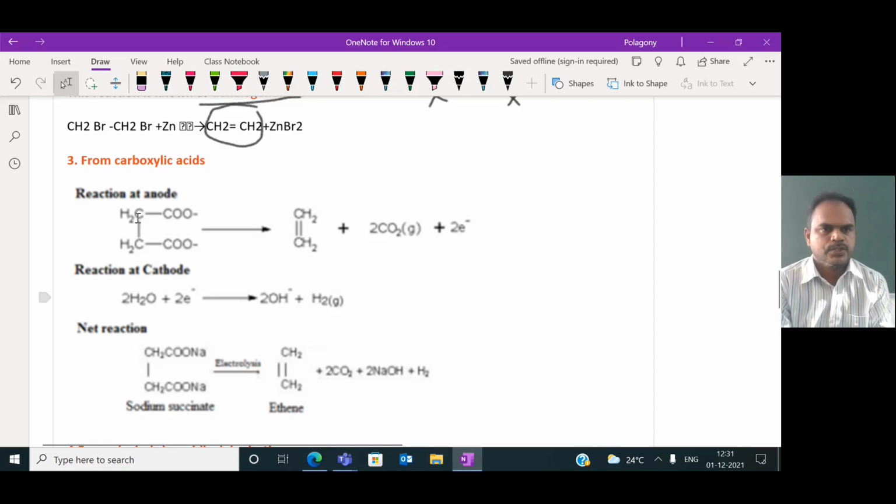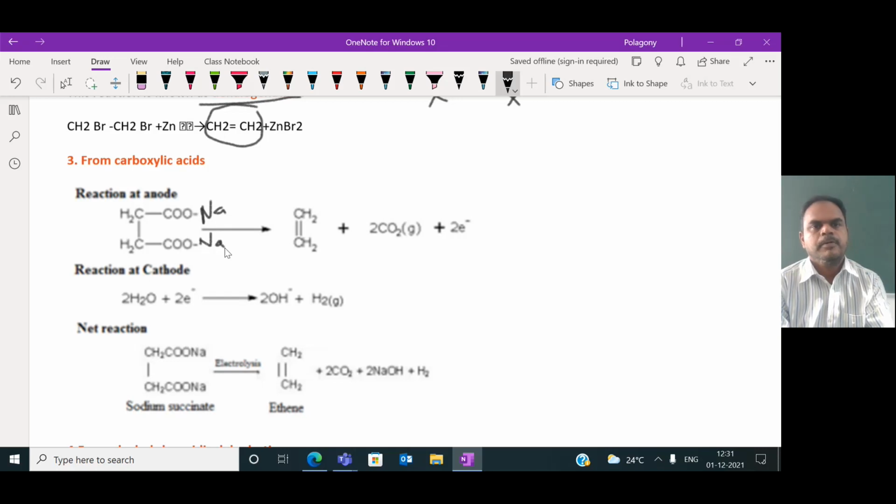You can see the formula is mentioned, CH2COONa, on each side. Sodium succinate, disodium succinate, this is.